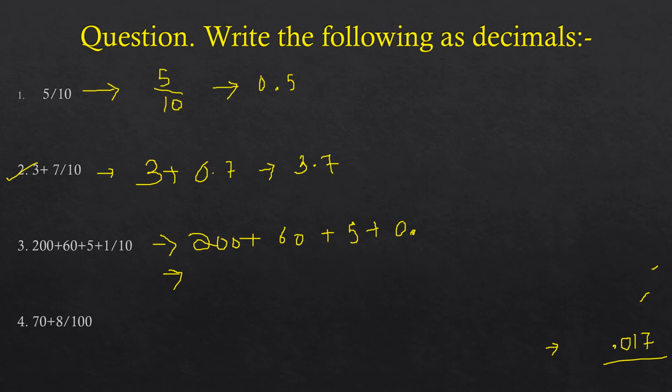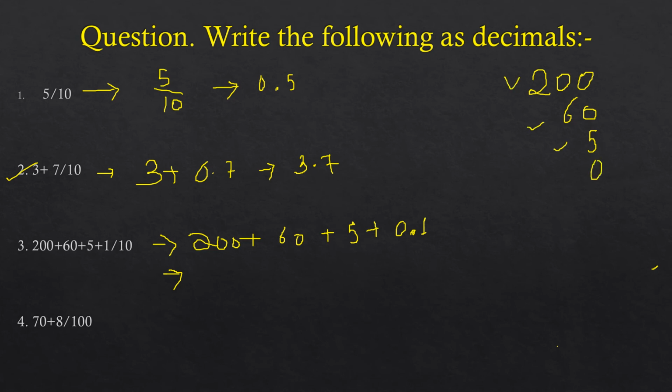So let us add them. 200, then we are having 60, then we are having 5, and then we are having 0.1, but we do not have any decimal number within these, so we will add 0.1 and we will convert them into like decimals.